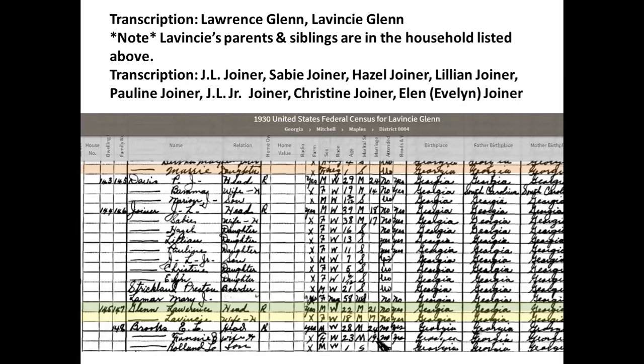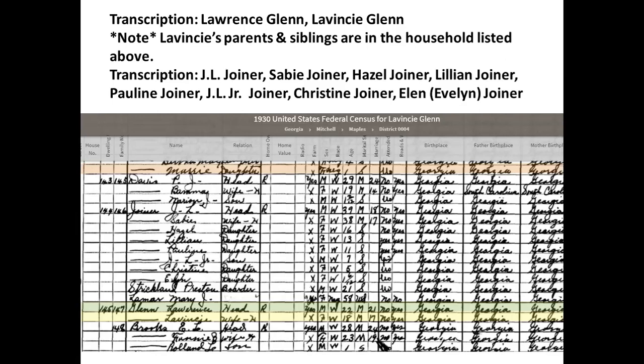And if you note, her parents are actually living in the household right above them, and their names are listed as J.L. Joyner, Saby Joyner, Hazel Joyner, Lillian Joyner, Pauline, and it actually has J.L. Joyner Jr., Christine Joyner, and it is slightly hard to read under Christine.